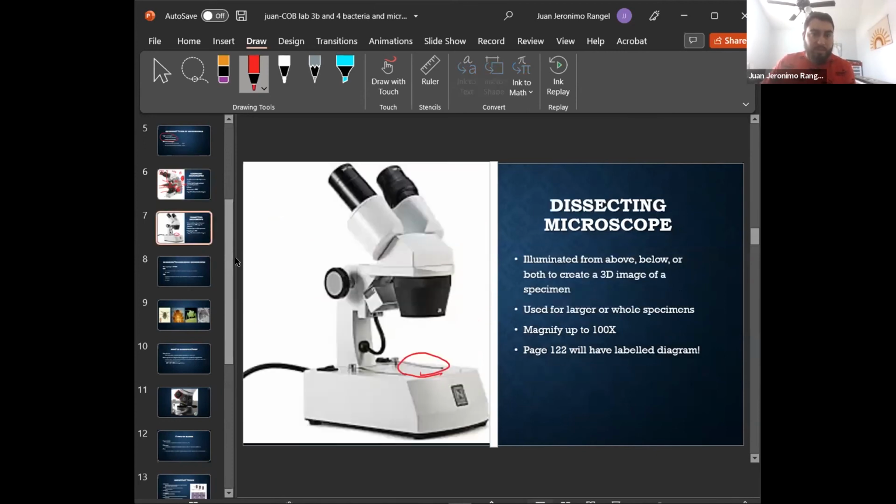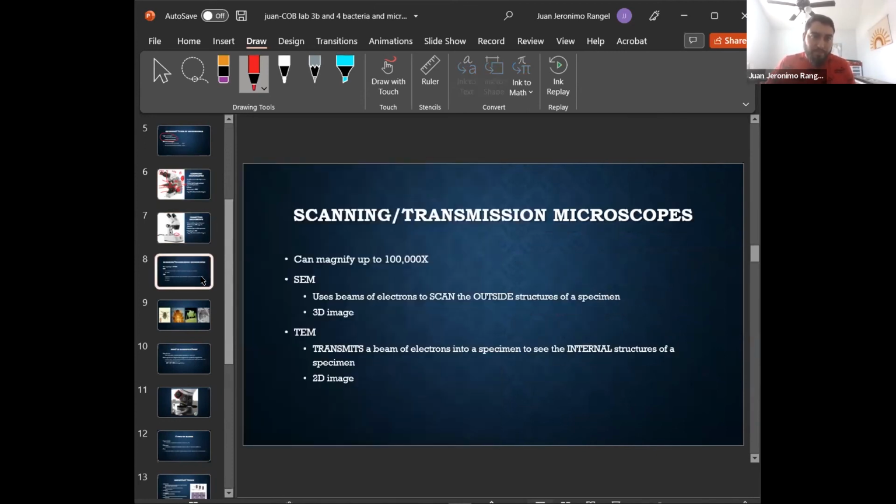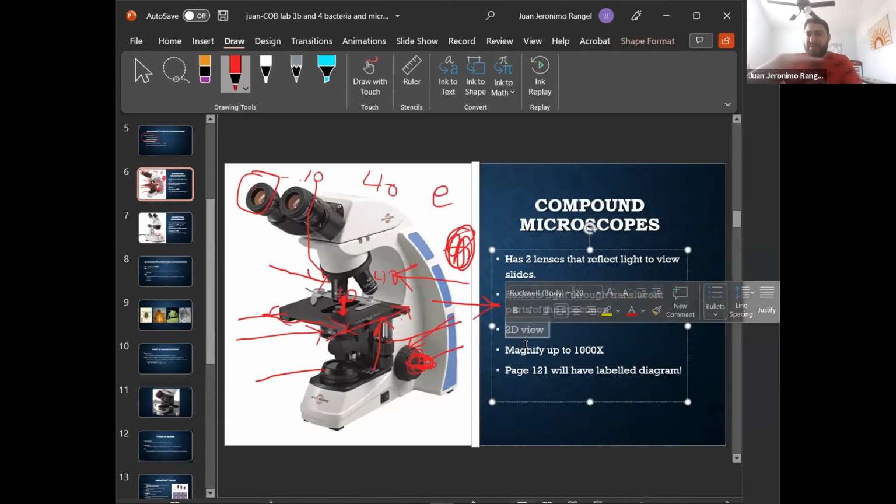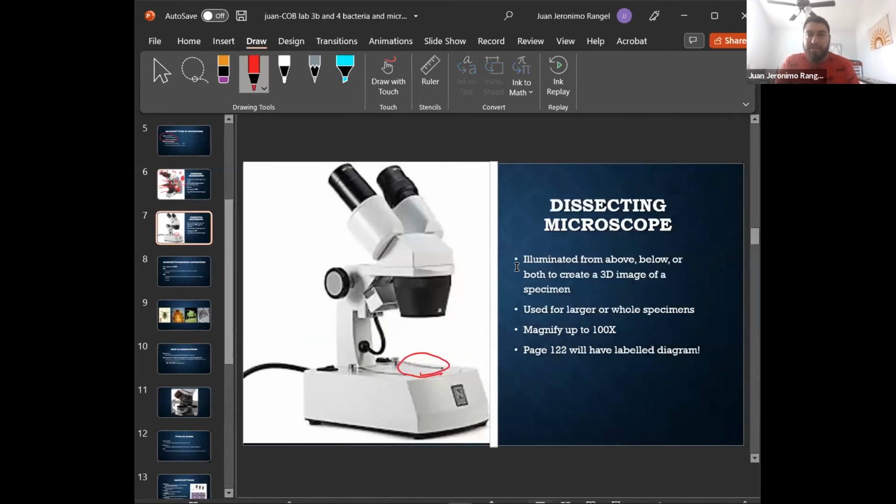And this one doesn't invert the image. Okay, scanning and transmission microscopes. Okay, another thing that I forgot. Remember, this one creates a 2D view, so it's a flat image. The dissecting one creates a 3D image.